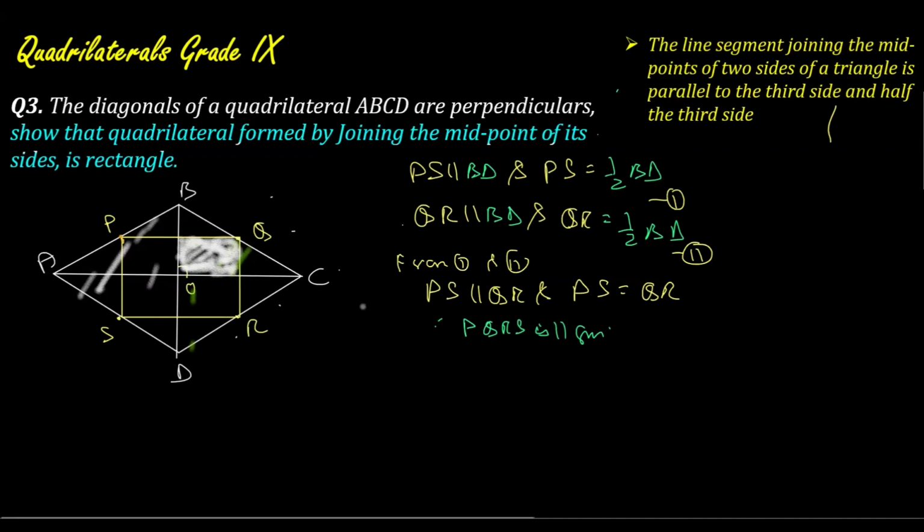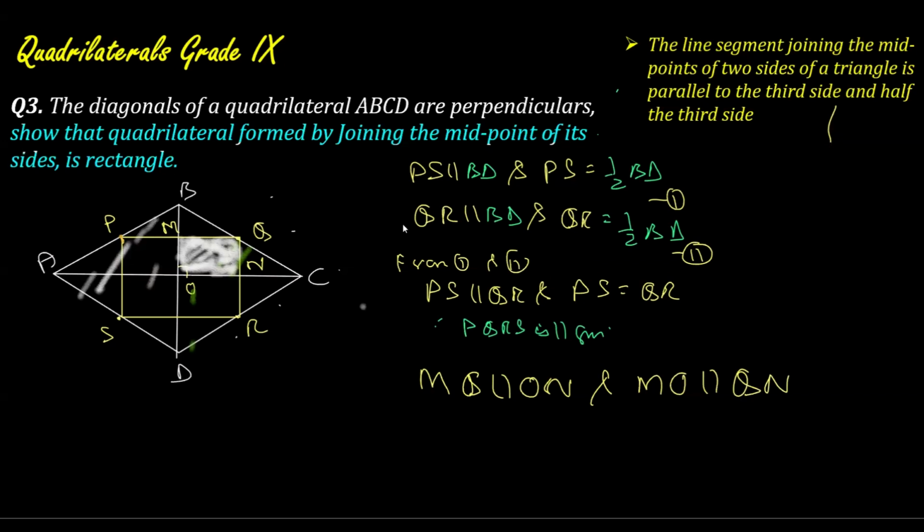Over here, I'm taking this point as say M and this as N. Now we can write MQ is parallel to ON, and we can also write MO is parallel to QN. And again, from the same reason, that is the midpoint theorem, you can just write on the same property.